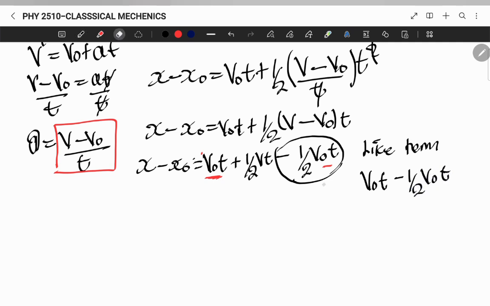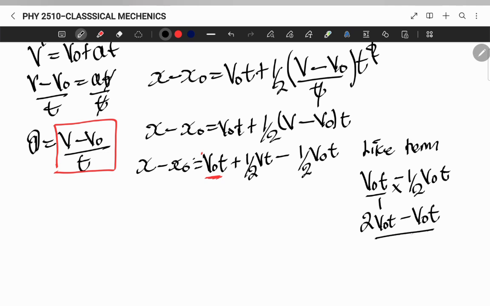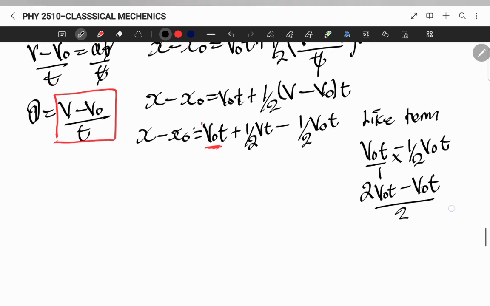If we do the mathematics right up here, that times that is going to be 2v naught t, minus 1 times that, v naught t, just like that. Then this will be over 2.